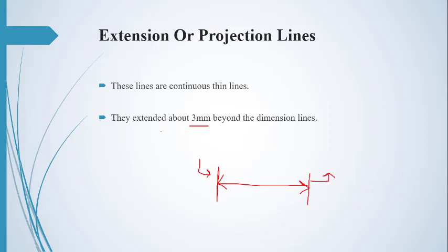Both of these lines must be provided. If these are not provided, then you can use a center line. If a drawing consists of a center line or an outline, then you can use those. However, if those are not available, then you will use extension or projection lines. These are the projection lines, and their size must be kept at 3 millimeter.